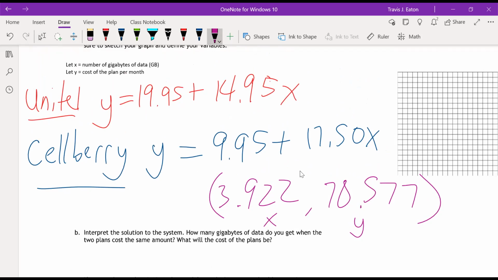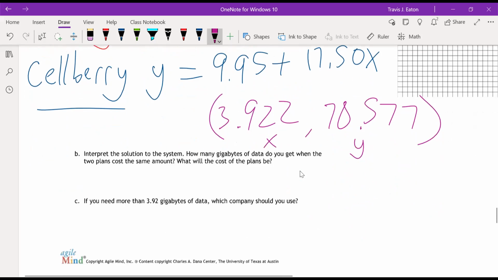Now, what does that mean when these two lines cross each other? Well, when those two lines cross each other, that's when the cost is the same for the same amount of gigabytes of data. So when this says, how many gigabytes of data do you get when the two plans cost the same amount? Well, you'd get about 3.9 gigabytes of data.